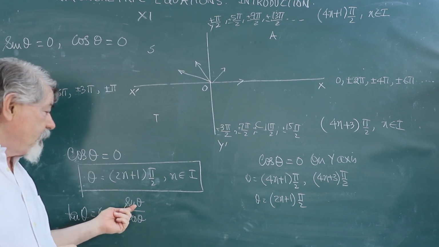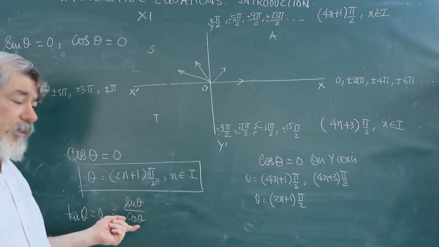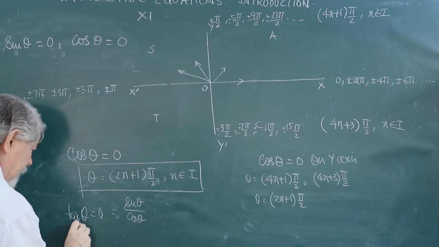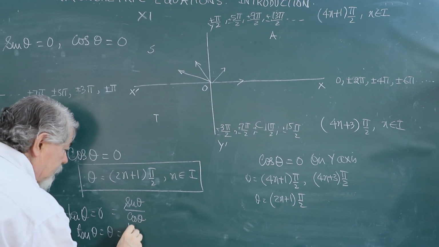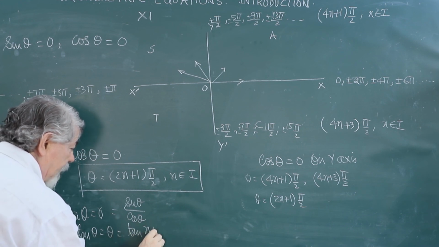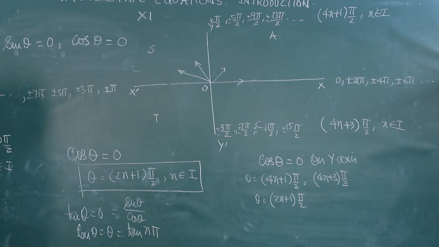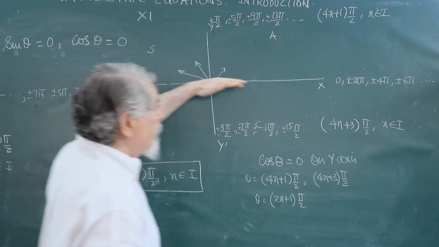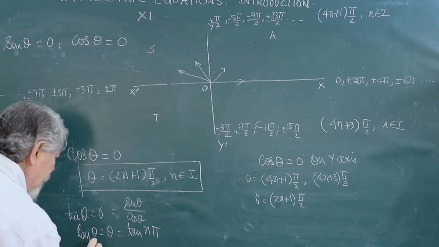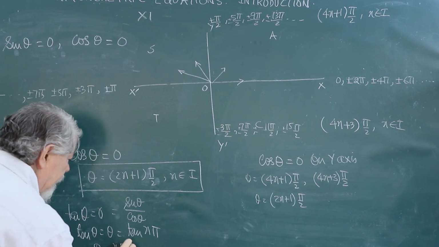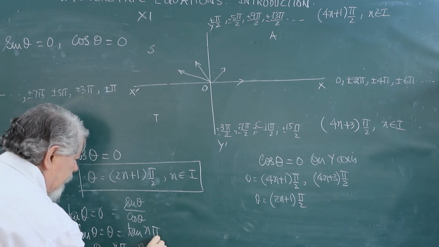So sin has to be 0. That means tan theta will be 0 along the x-axis, where theta is equal to n pi, where n belongs to the set of integers.